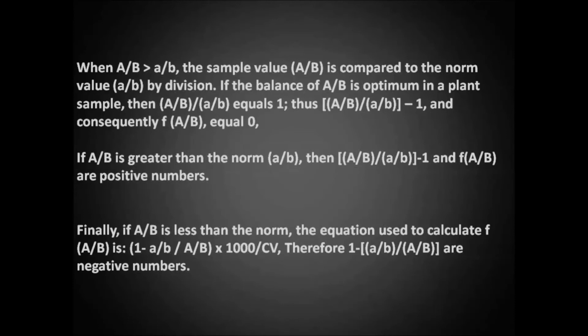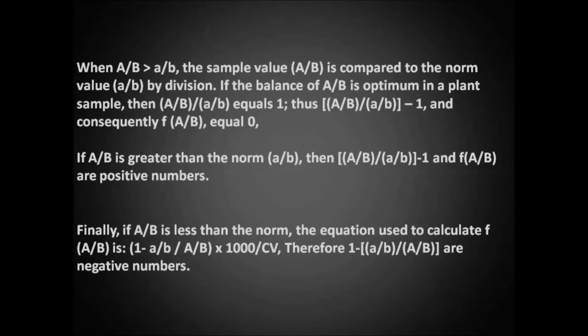The sample value A by B is compared to the norm value a by b by division. If the balance of A by B is optimum in a plant sample, then A by B divided by a by b equals 1. Thus, A by B over a by b minus 1, and consequently the function of A by B equals 0.